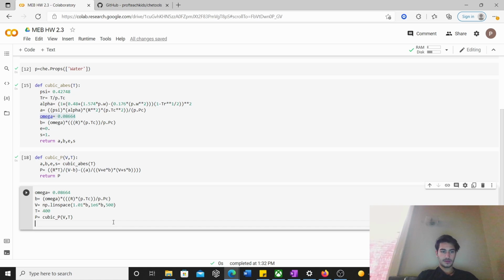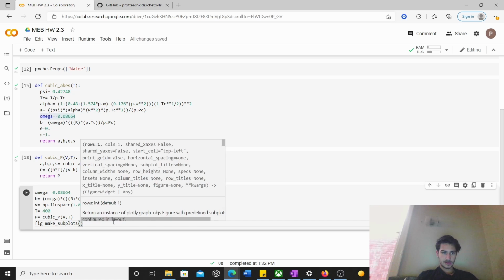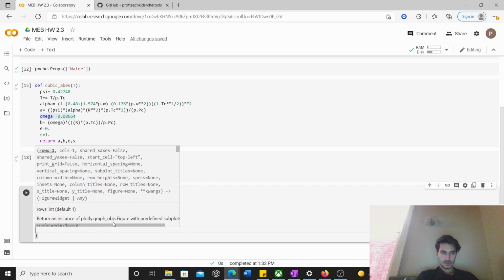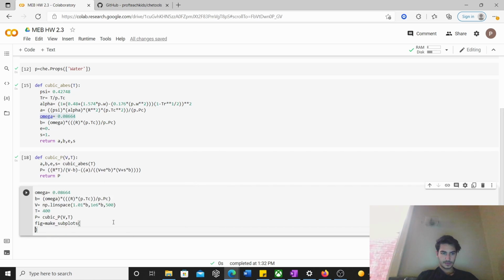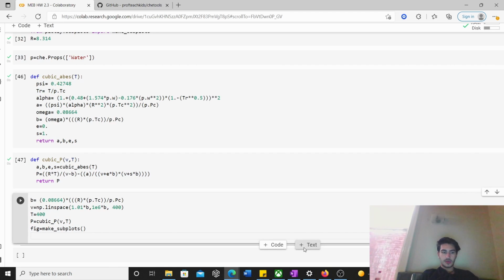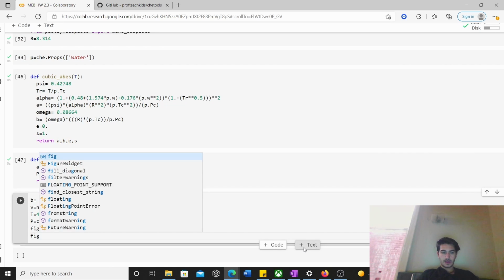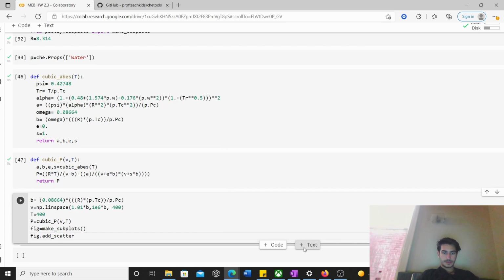And then let's make this subplots, right? So we'll have fig is equal to make_subplots. And then now we want to put in our scatter plot. So fig dot add_scatter.